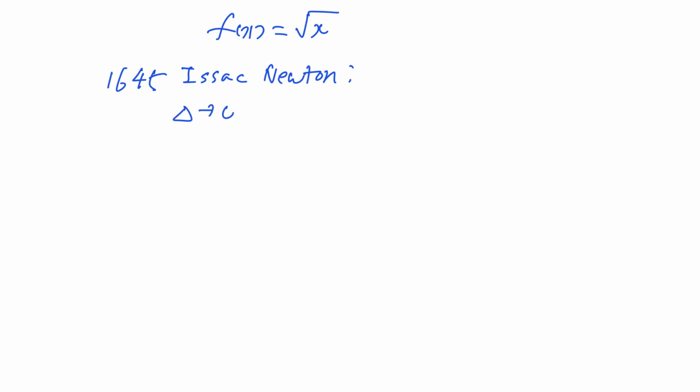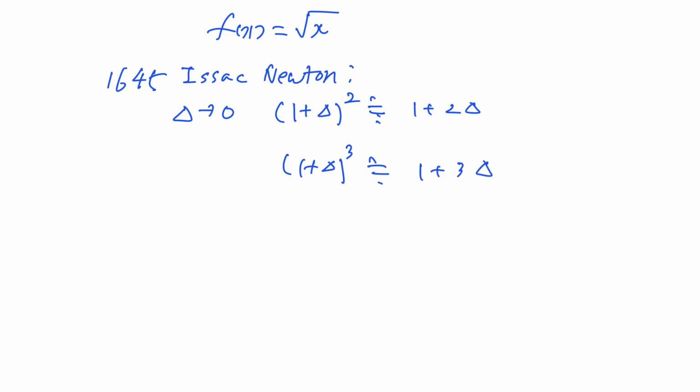When delta is very small, (1 plus delta) squared is 1 plus 2 delta, right? (1 plus delta) to the cube is 1 plus 3 delta. When delta is extremely small, you can ignore the square of delta or cube of delta, right?